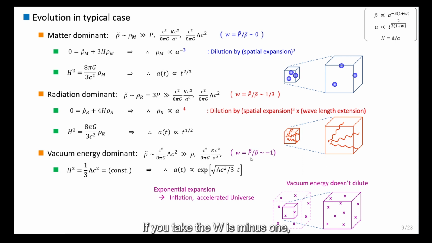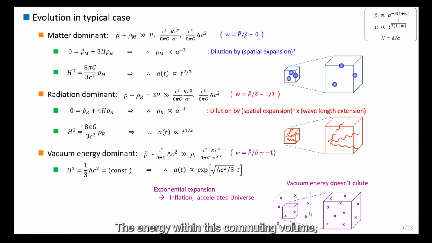If you take W as -1, then the time dependence looks like a power of 0. But if you take care in this calculation, then finally you can show the scale factor is proportional to the exponential like this. So the physical meaning is like this.